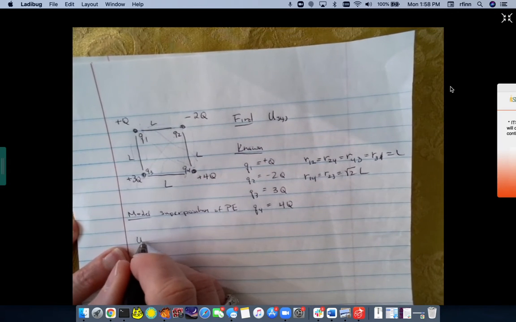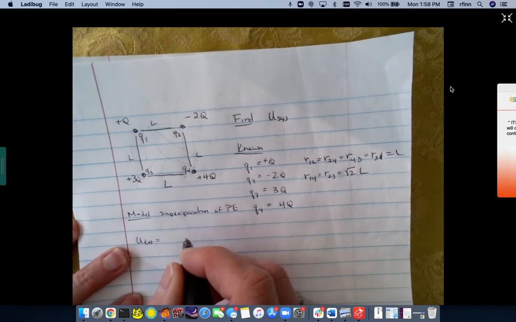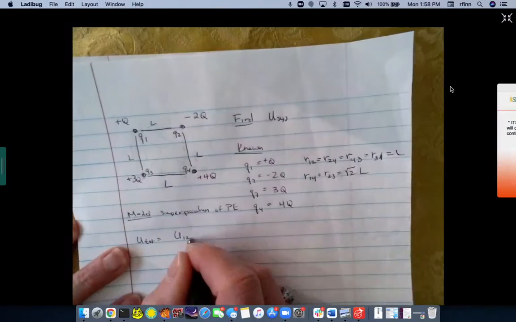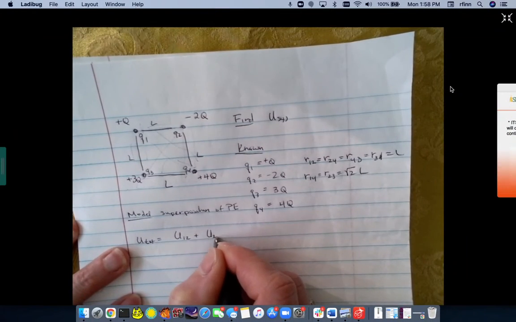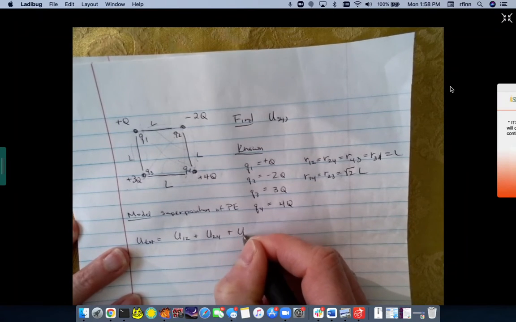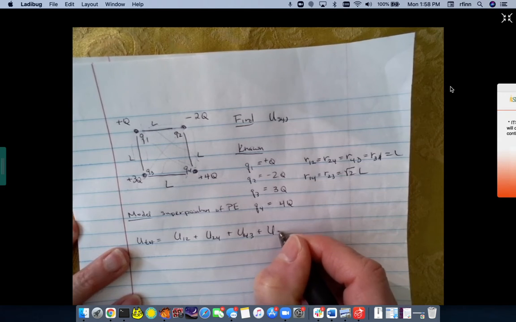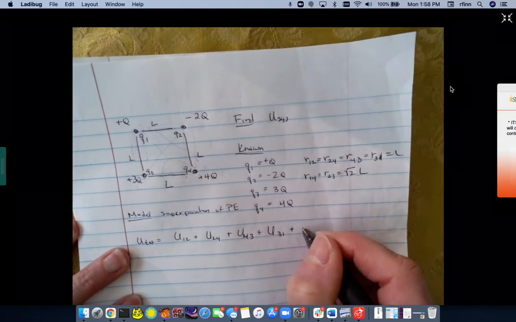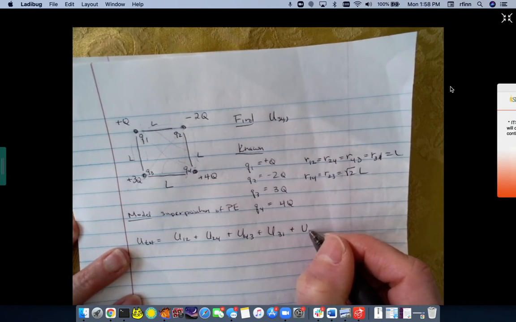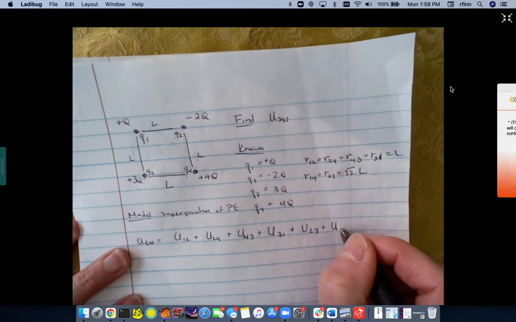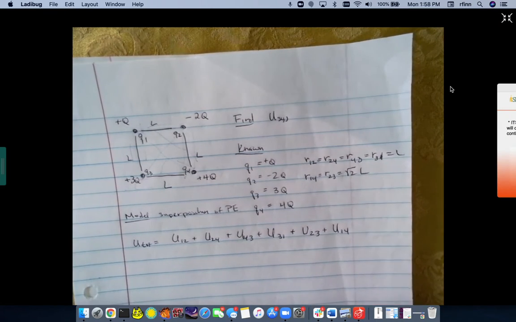So our total potential energy equals the potential energy between 1 and 2, between 2 and 4, between 4 and 3, between 3 and 1, and along the diagonals, which is 2 to 3 and 1 to 4.